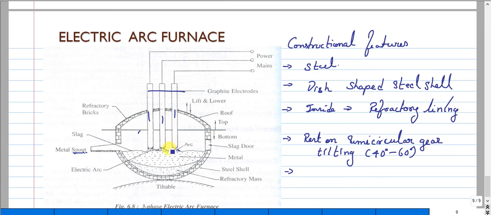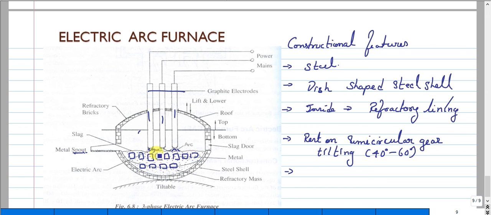So due to this arc, heating takes place on the charge which is kept inside. Initially you will be having a metal charge or ingot. Due to the electric arc struck between the electrode and the charge, heating will be generated.